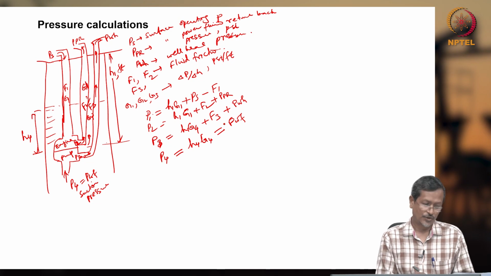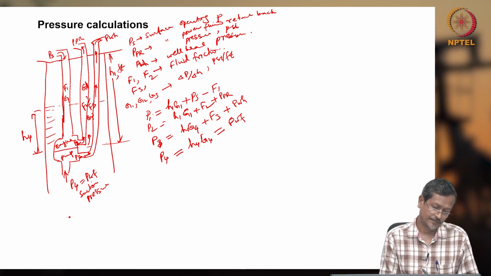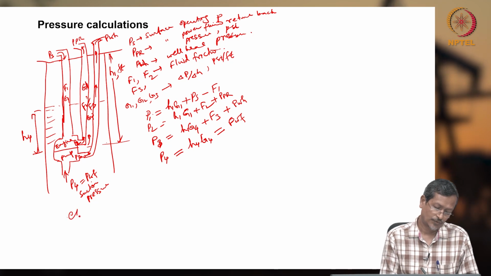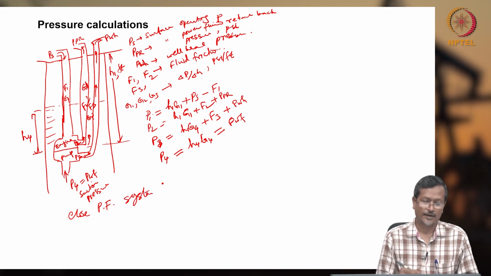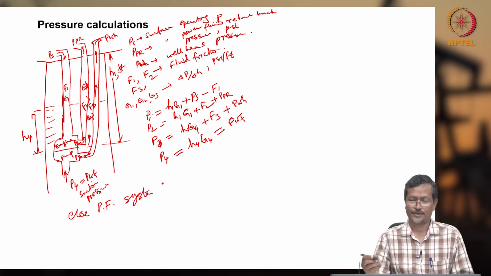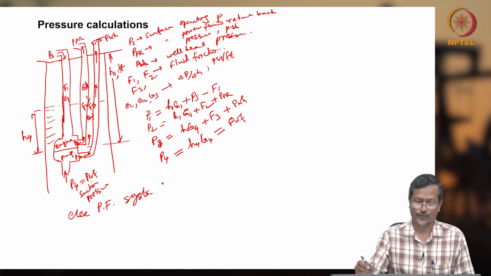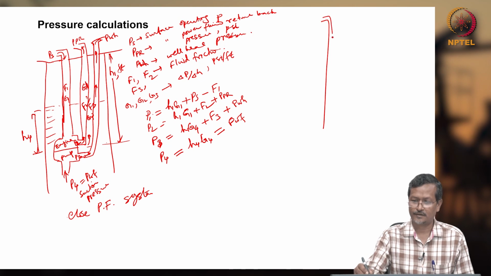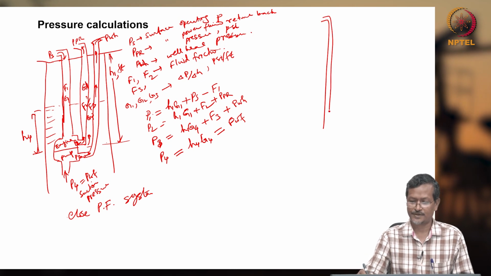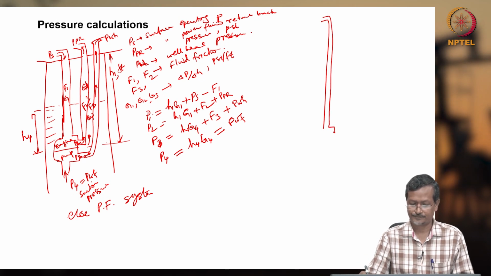Now this is for the closed power fluid system. Now if I have an open system, an open system is mixing up of two fluids, your power fluid and produced fluid, both are mixing up.